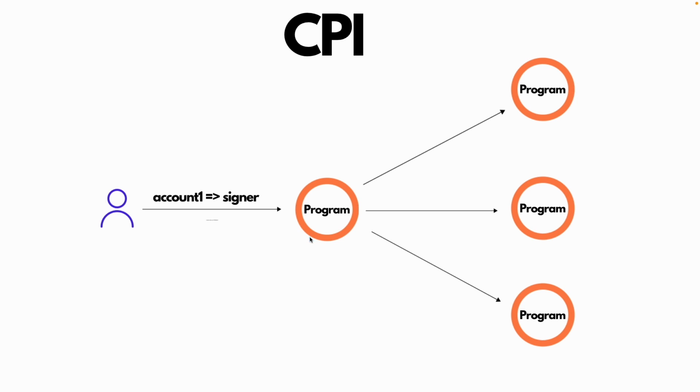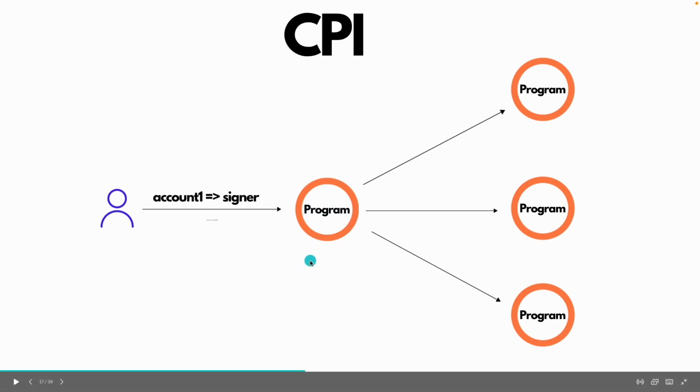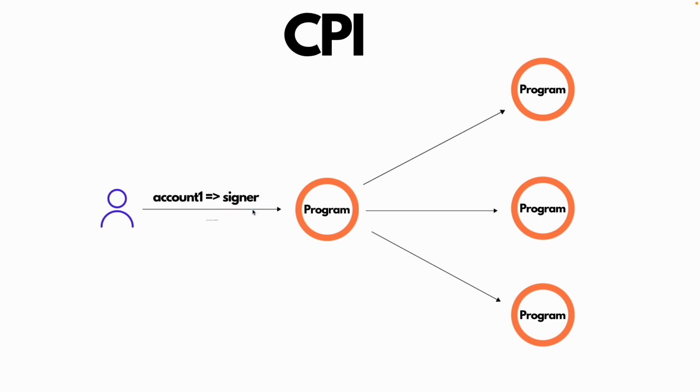And for the program to be able to justify that this is you, there are a few ways they can check that. The easiest way is to just ensure that you've signed this transaction, because this is a contract on the blockchain, so anyone can call this and anyone can pass in any accounts to it, but only you can sign it because only you possess the private key of it.